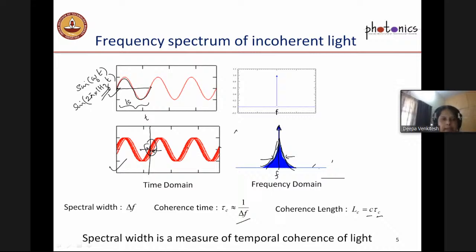Now, I can think that in the Fourier domain, you have only a single frequency. There's only 1 hertz present in the system. So I have only one frequency, which is a delta function, at f equal to 1 hertz in the example I have chosen. I hope that single frequency idea is understood.